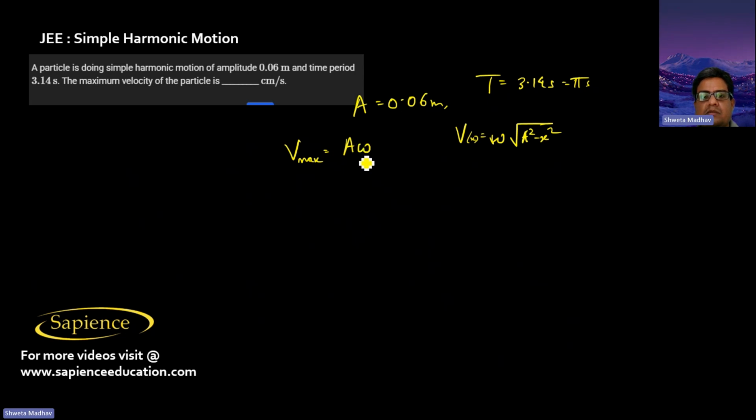So the maximum velocity will be A omega. So it is 0.06 into omega, which is 2 pi by T. So this will be equal to 0.12 meter per second, which means it is 12 centimeter per second.